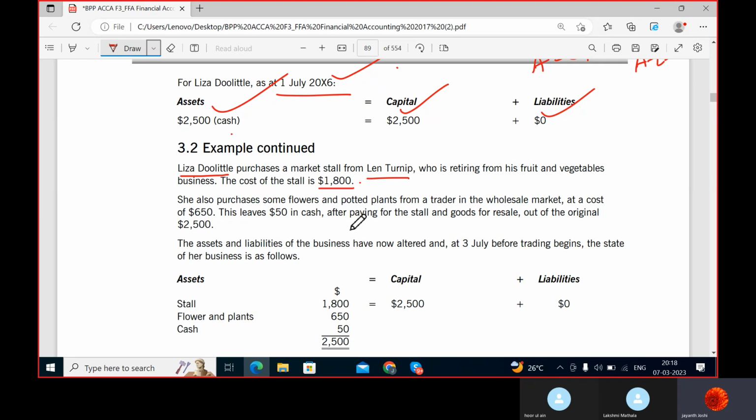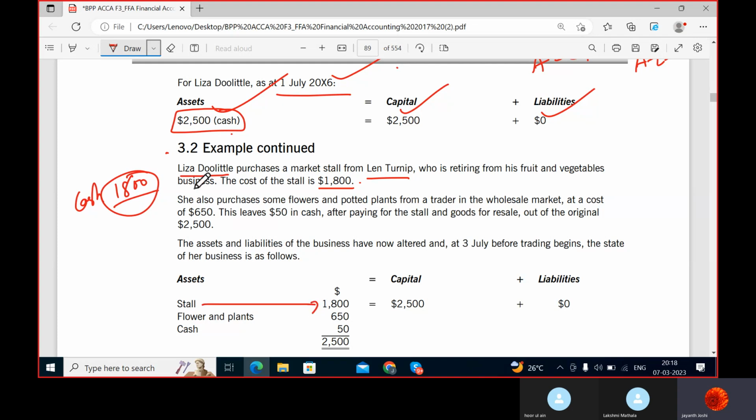So when Lisa Doolittle will purchase this stall, Lisa Doolittle will use the cash. Am I right? How much cash will they use? 1800. How much cash do they have? 2500. So from 2500, 1800 would be deducted from the cash. Okay. And then the equivalent amount of stall would be coming into the business.